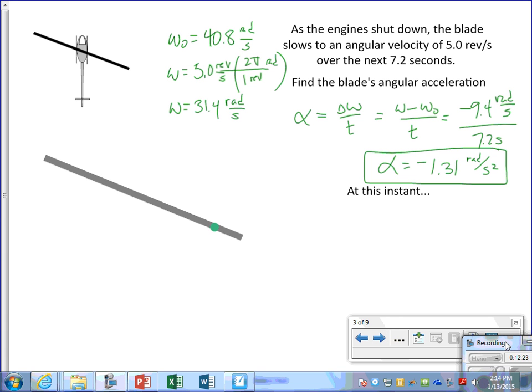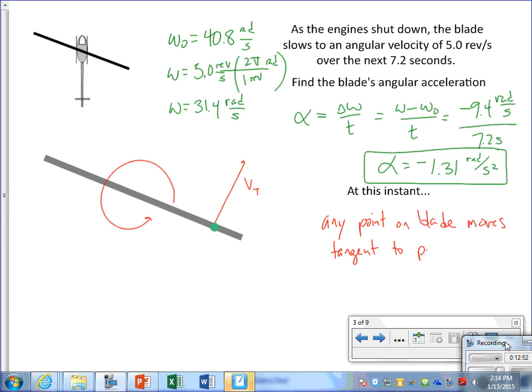So at this, I don't know where I left you, I had an interruption. At this instant, let's say that the rotor is rotating that way. This point is moving that way. Any point on the blade or the rotor moves tangent to the path, right? However, this thing we just said is the blade slows down.